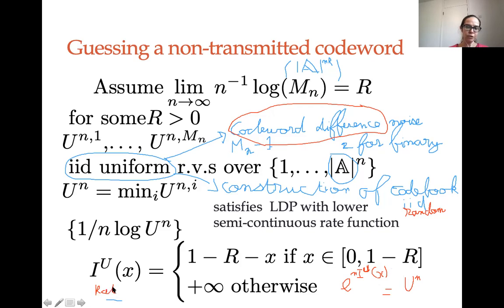Not to be confused with this rate R. This is a rate of growth. The rate R here is in effect a rate of growth. You can see the same behavior.